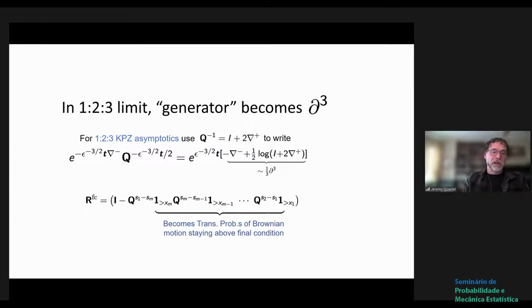There's a similar R for the initial condition, just upside down. You were asking for the transition probabilities of a geometric random walk to stay above your final condition, and that just becomes, in the limit, well, what do you expect? It becomes the transition probabilities of a Brownian motion to stay above the final condition, and there'll be a flipped one for the initial condition.